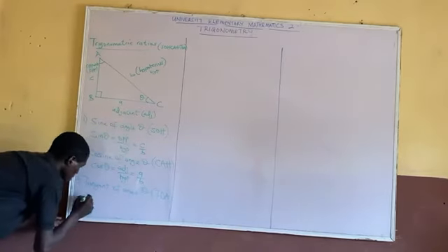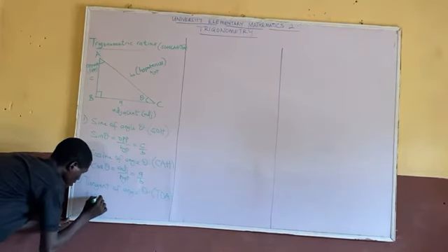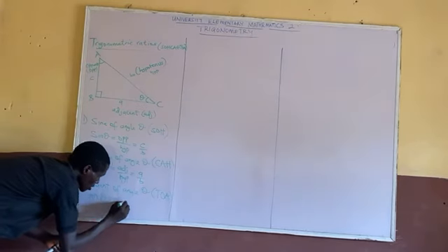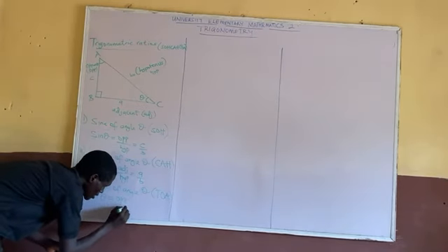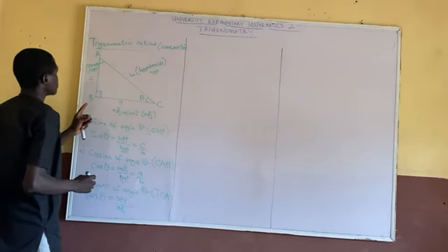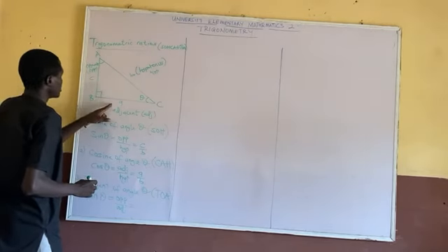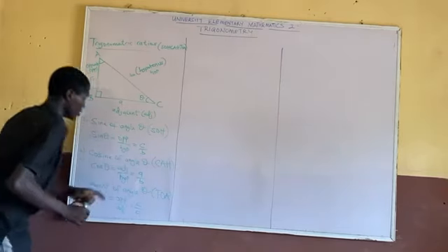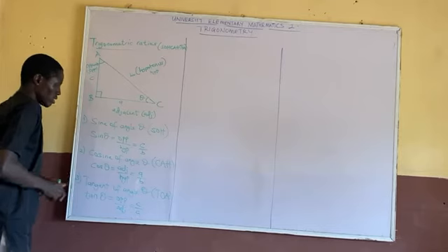Tangent is popularly known as tan. Tan theta is equal to opposite over adjacent, which is C all over A. C over A.